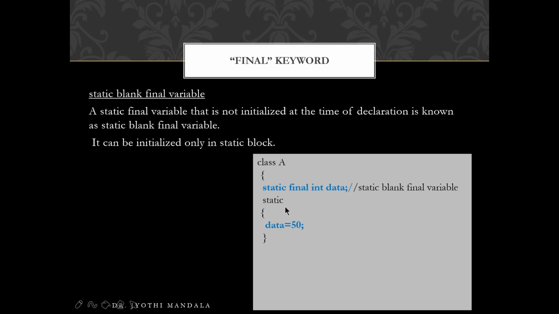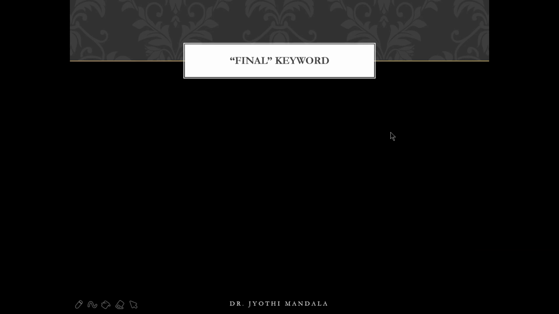In detail about the static keyword we have already learned. If you want more information about the static keyword, please go through that video once. Okay, so if you are adding both the keywords static final to a variable and the value is not initialized, then that variable has to be initialized only in the static block, right? So this is one key point you need to understand about your final keyword.